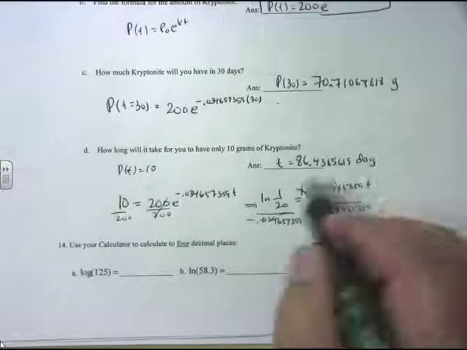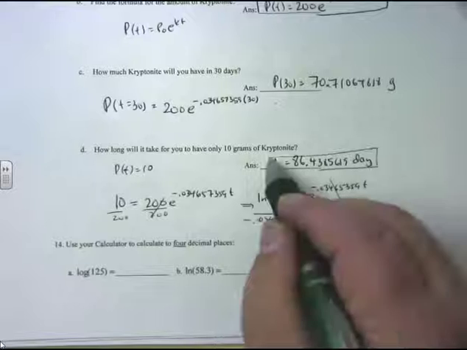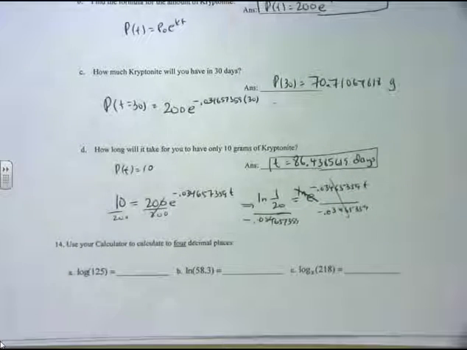And of course, if you guys round it off to like 2 decimal places, that's perfectly fine. So after 86 days, you're only down to 10 grams of kryptonite.